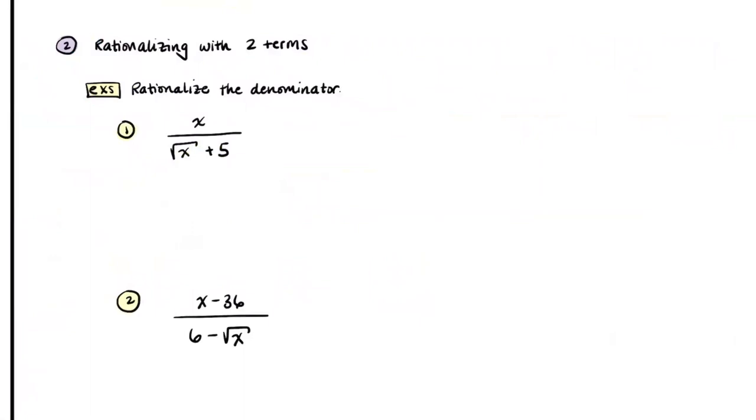So in our first example, well, actually, let's review how to do this. When you have 2 terms, if you look at the first example, what I mean is you've got a root and then plus or minus something else outside of the root. In the second example, we've got something minus a root. So it's got 2 parts to it. When that's the case, multiplying by just radical x here isn't going to cut it, because that's going to need to be distributed here and here.